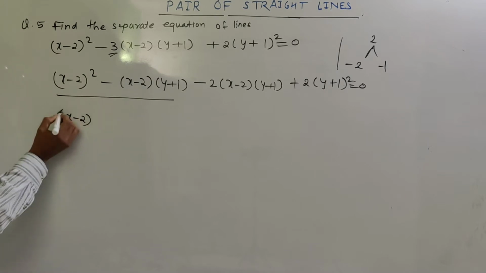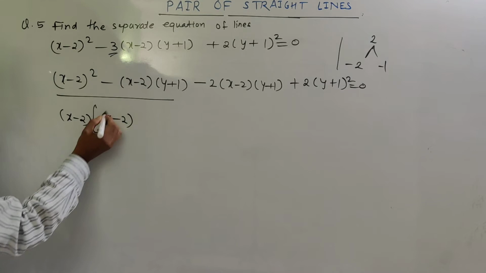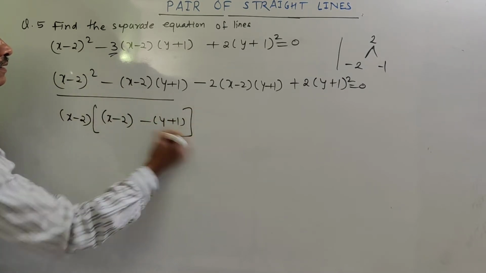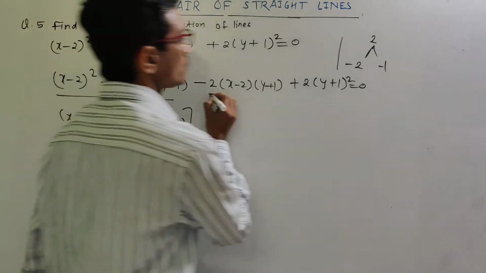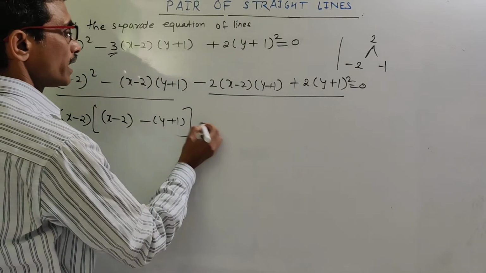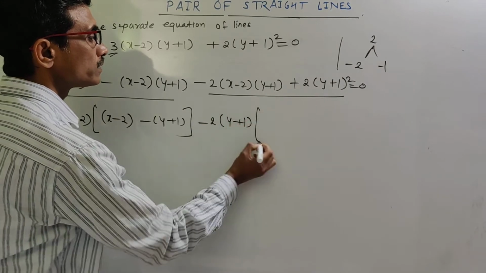Here x minus 2 is left and minus y plus 1, and from the last two terms we will take minus 2 times of y plus 1 common.